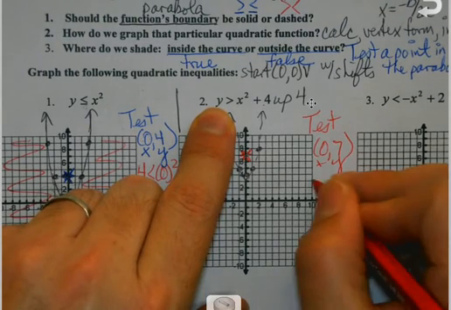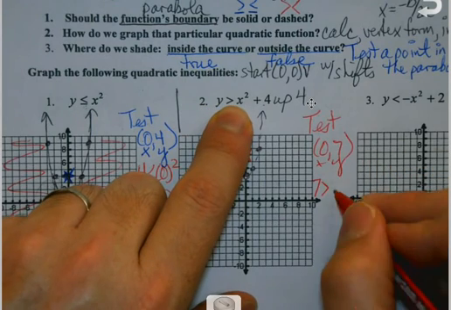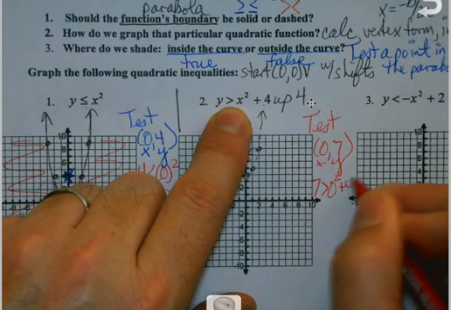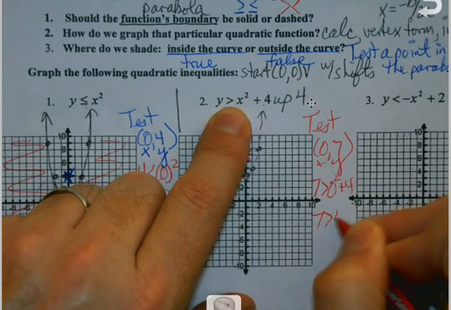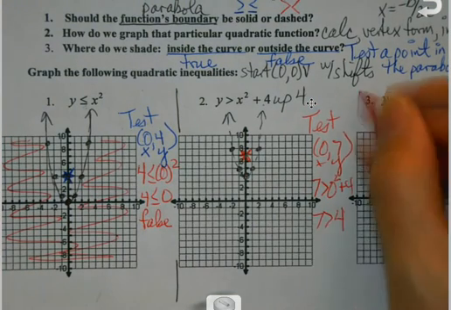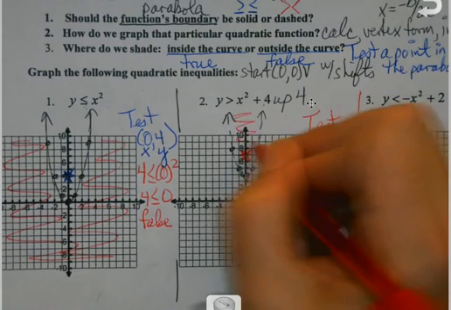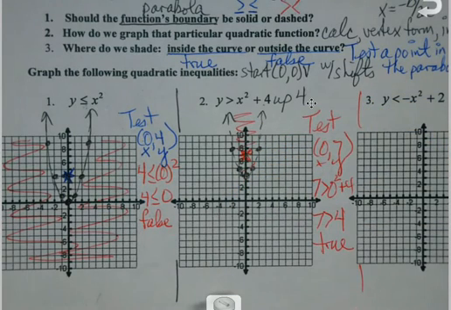Plug in the 7 for y. Okay, 0 squared is going to be 0 plus 4. Is 7 greater than 4? Yes, that's true. True, we shade inside the parabola.